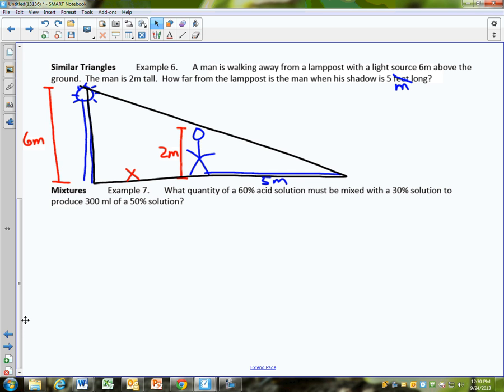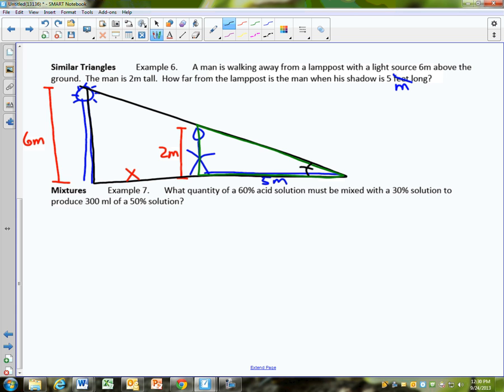Now I'm going to draw another triangle. Do you see the green triangle? Are those triangles similar? Why? They share one angle in common.